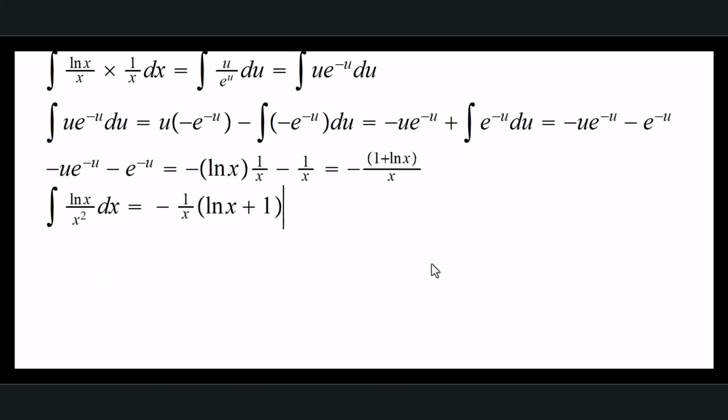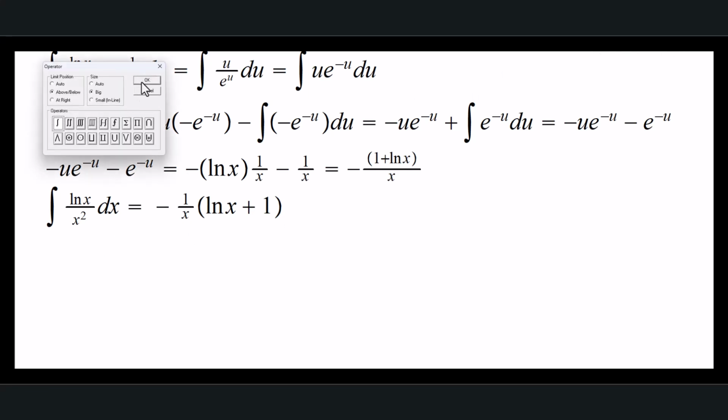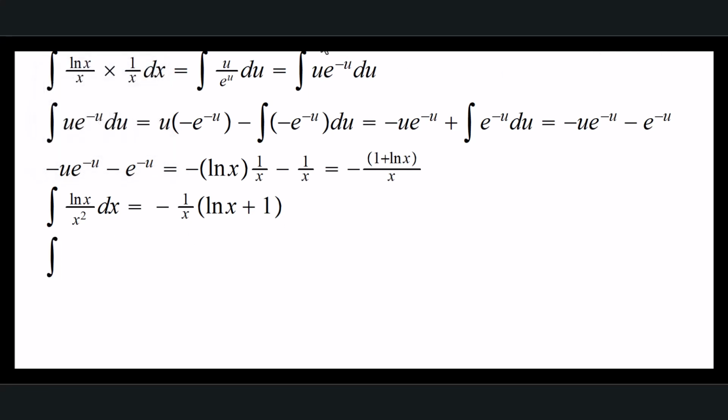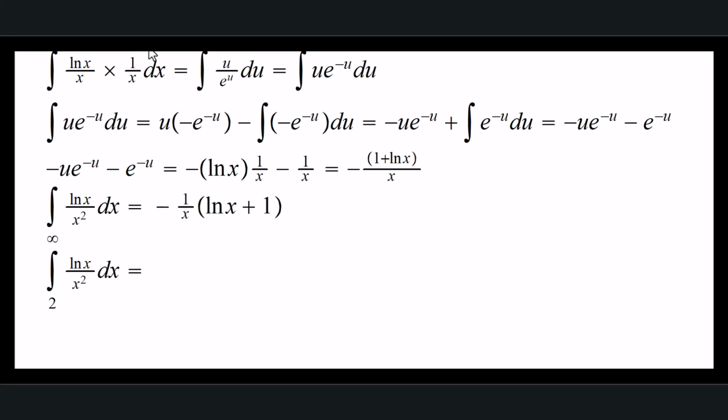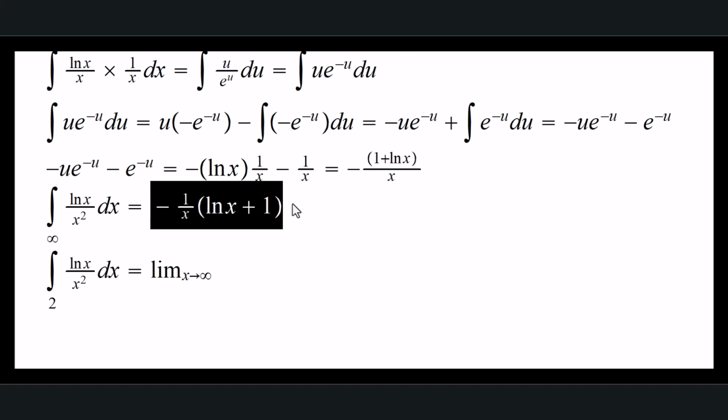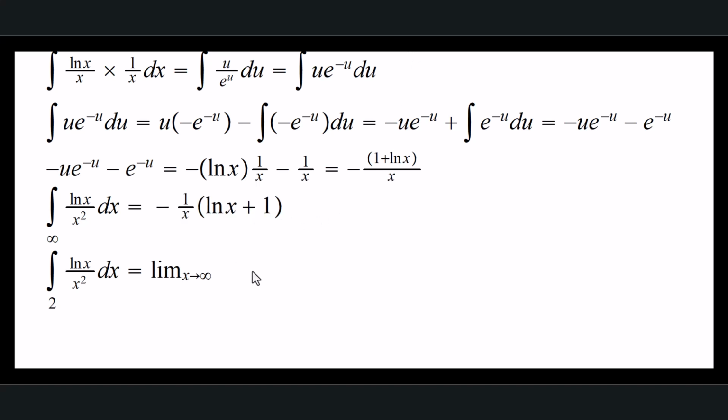Now we have to see if this integral from 2 to infinity converges. So let's evaluate this improper integral. First we take the limit as x goes to infinity of this portion, and then we apply the lower limit.